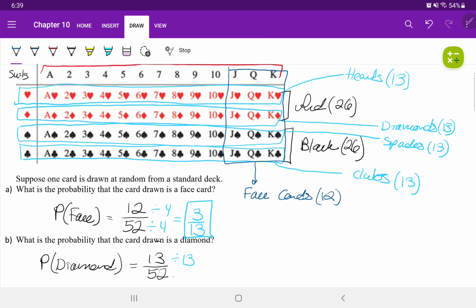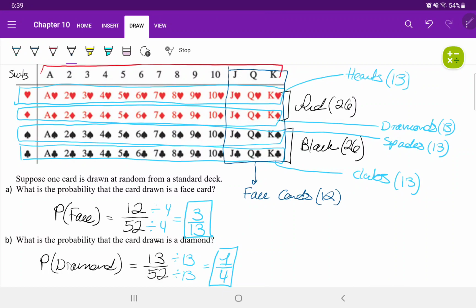So divide 13 from the top and 13 from the bottom. 13 divided by 13 is 1. 52 divided by 13 is 4. That is 1/4. And that makes sense because diamonds is one suit out of 4 total suits. Thus 1/4 in its reduced form.